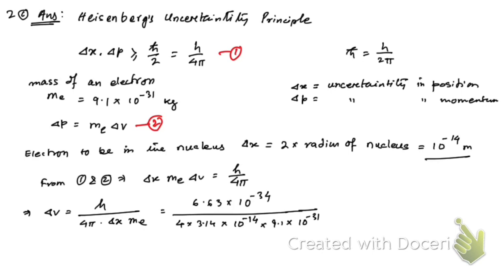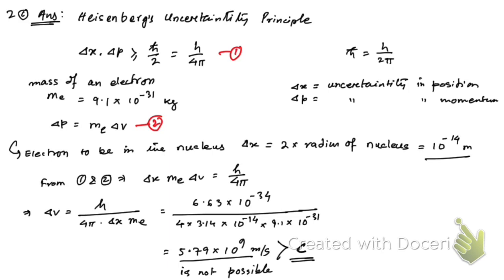If we calculate this, we get approximately 5.79 into 10 to the power 9 meter per second, which is greater than the speed of light, which is not possible. So when the electron resides within the nucleus, we get a velocity greater than that of light.